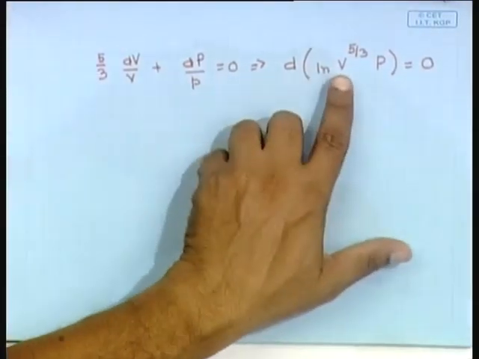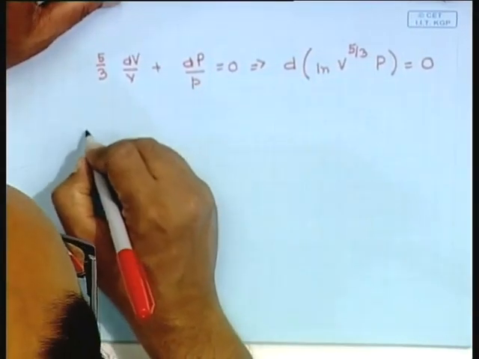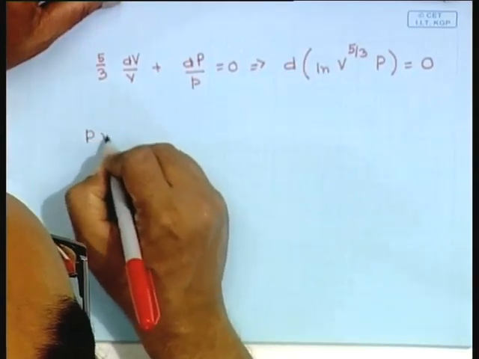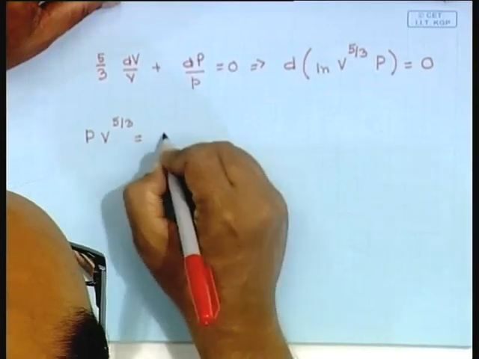If I differentiate the V term, I will get this. If I differentiate the P term, I will get this. So this derivative is 0, which implies that P V^(5/3) is a constant.